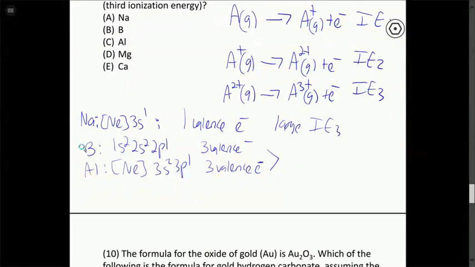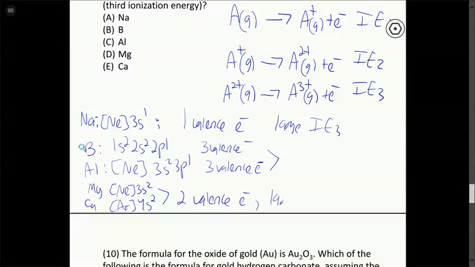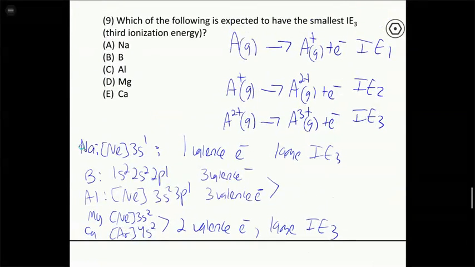And then finally, magnesium and calcium. Magnesium is neon 3s2, argon 4s2 for calcium. Both have 2 valence electrons, so they're expected to have a large third ionization energy. So if we're looking for the smallest third ionization energy, we want to find the ones where we're still removing valence electrons. And so for both of these, for the third ionization, we're still removing the last valence electron.